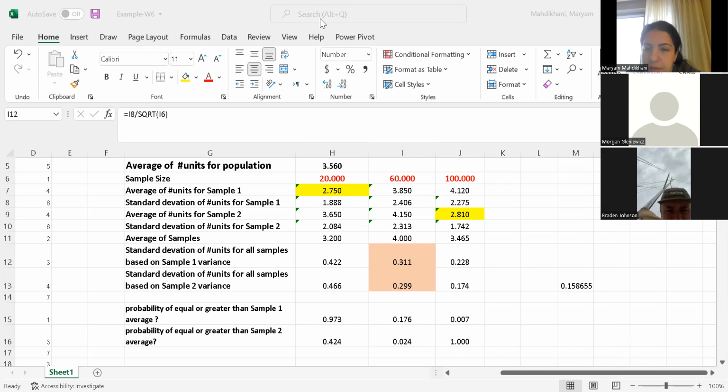So now we increase the sample size to 100, and then we do the same calculation. So if you don't have any question, now I want you to open the classwork that we have and start to work on that using the sample sizes 20, 60 and 100.